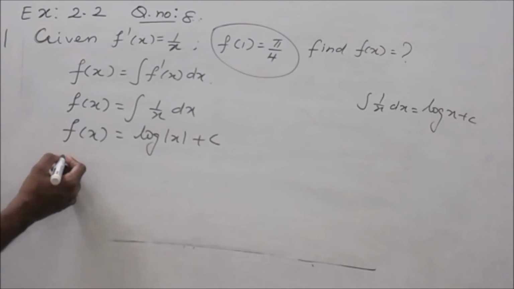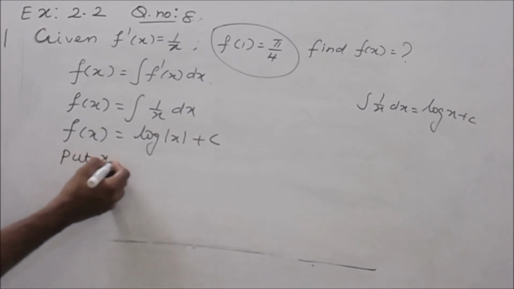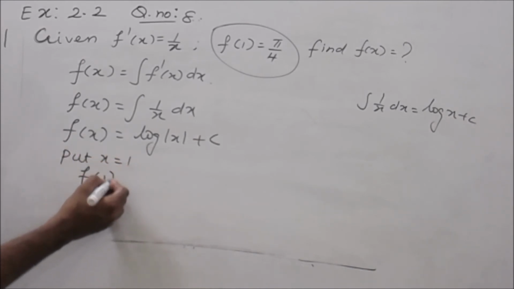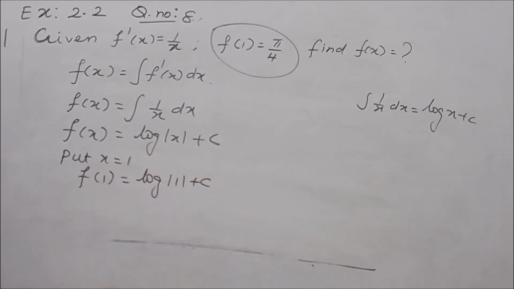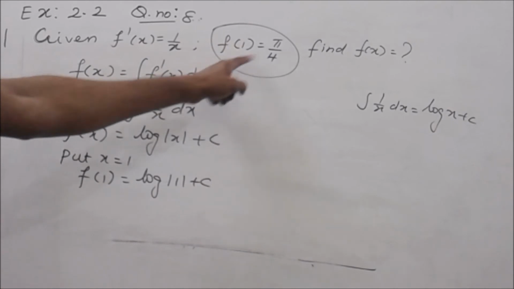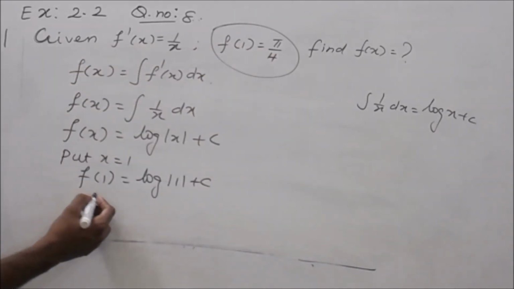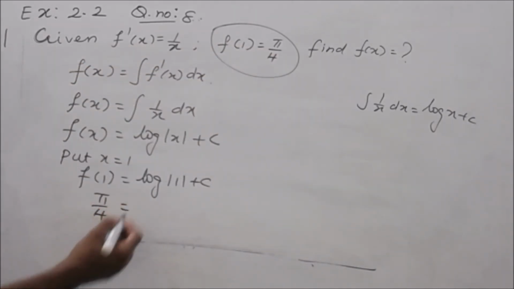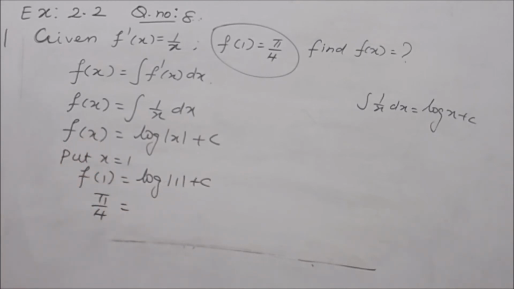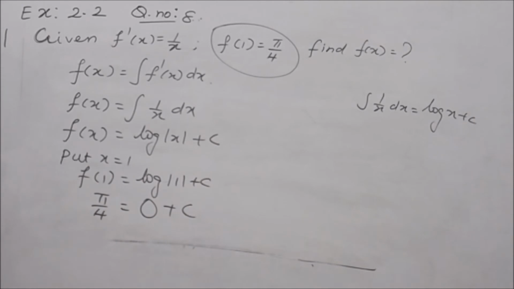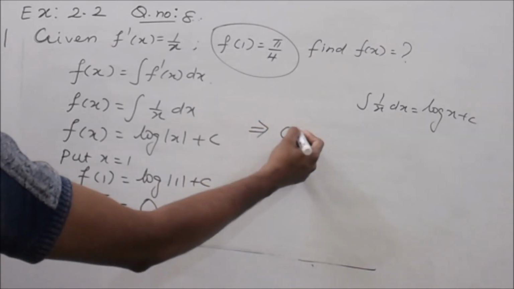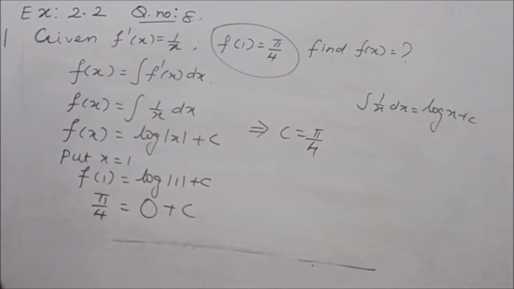Putting x equal to 1, f(1) equals log of modulus 1 plus c. Since f(1) is pi by 4, and log 1 is 0, we get pi by 4 equals 0 plus c, which implies c equals pi by 4.